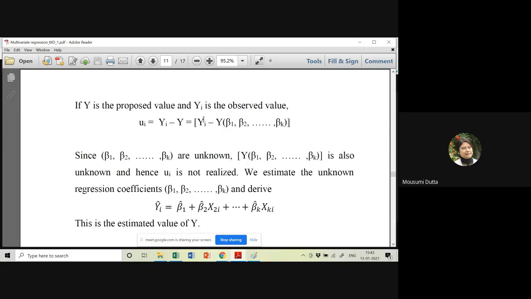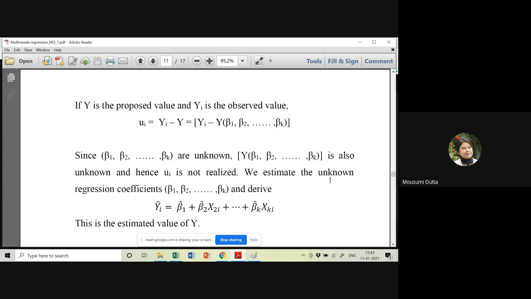So ui is yi, the observed, minus Y, which is a function of beta 1, beta 2 up to beta k. Since beta 1, beta 2 up to beta k are unknown, Y as a function of beta 1, beta 2 to beta k is also unknown, and hence ui is not realized.